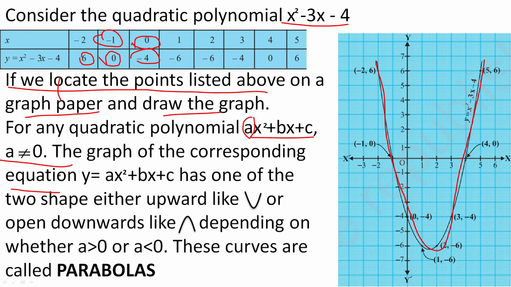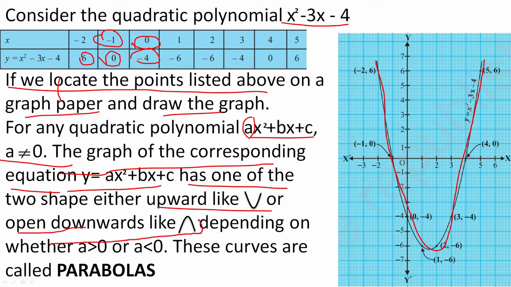The graph of the corresponding equation y is equal to ax square plus bx plus c has one of two shapes, either an upward U or a downward shape, depending on whether a is greater than 0 or a is less than 0. These curves are called parabolas. Here the curve is upward, so it is an upward parabola.